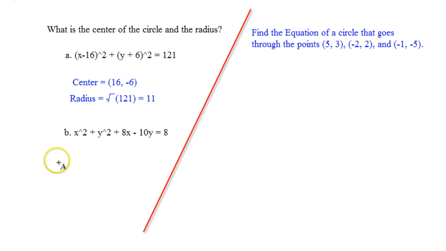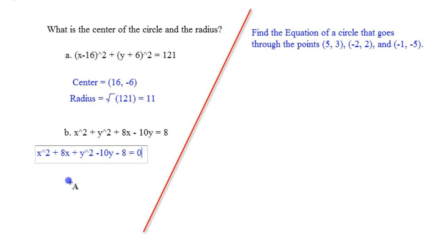Now this one's a little bit more complex, and you're actually going to have to use completing the square to find this. So what we're going to do is rewrite it first as x squared plus 8x plus y squared minus 10y, and I'm going to bring the 8 over, minus 8 equals 0.